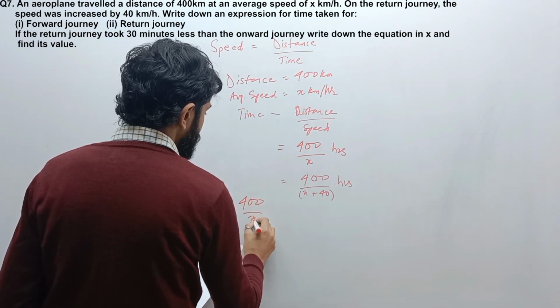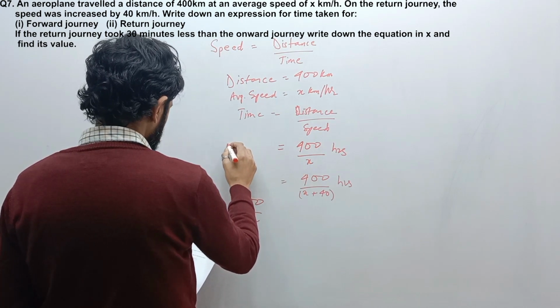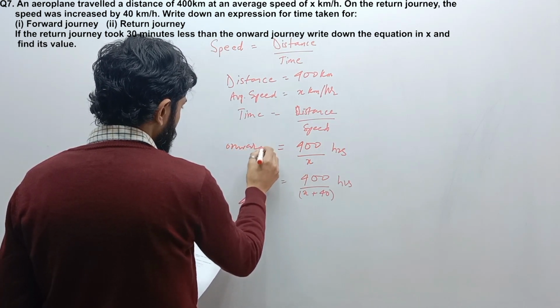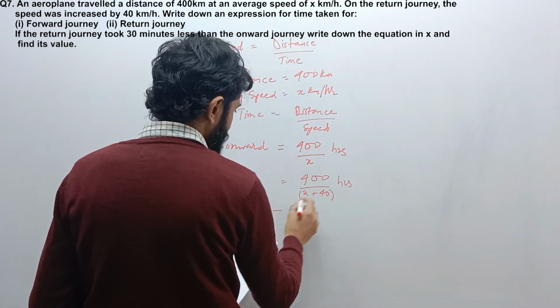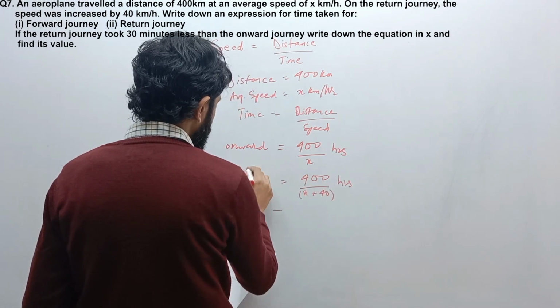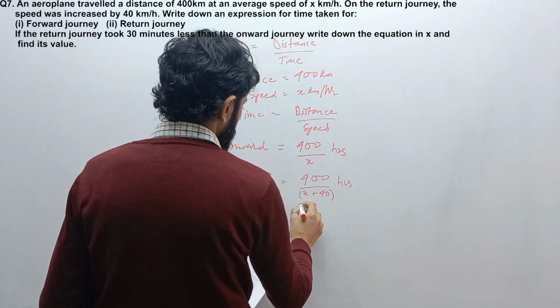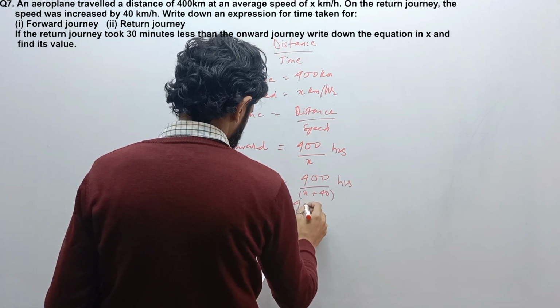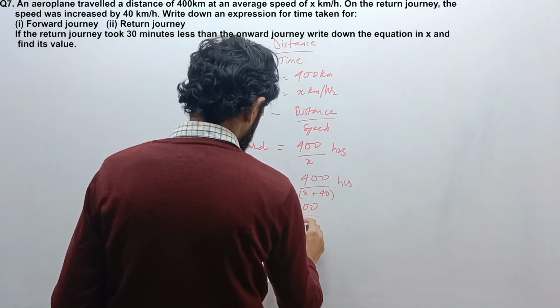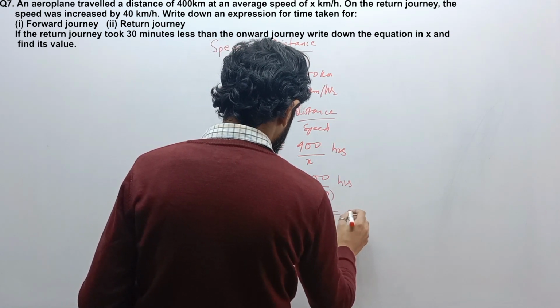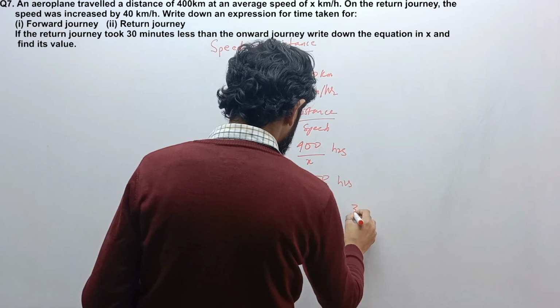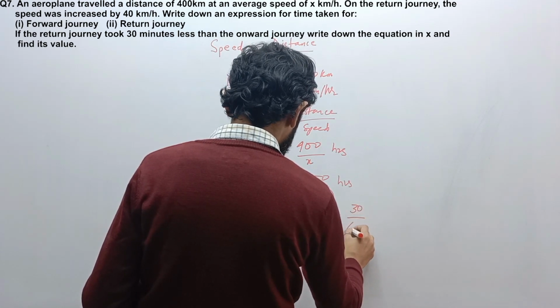So it would be 400 upon x, the time taken for the onward journey, which was more as compared to the time taken on the return journey, 400 upon x plus 40, will give you 30 upon 60.